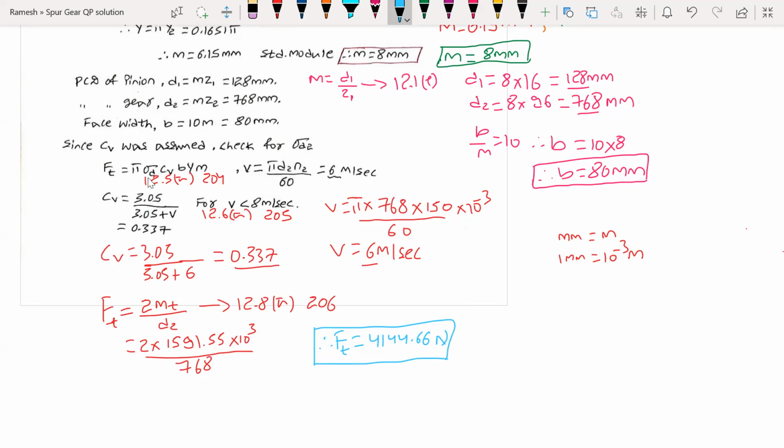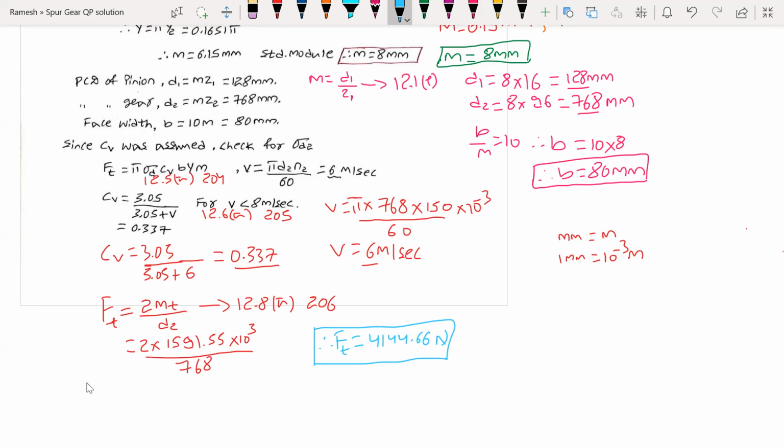You are going to get the value of sigma D, that is the permissible stress of the gear, and check whether it is less than the given data. If it is less than that, the design is safe. If it is greater than that, it is exceeding the value. Therefore, the design will not be safe. That means whatever velocity factor you assumed will be wrong.